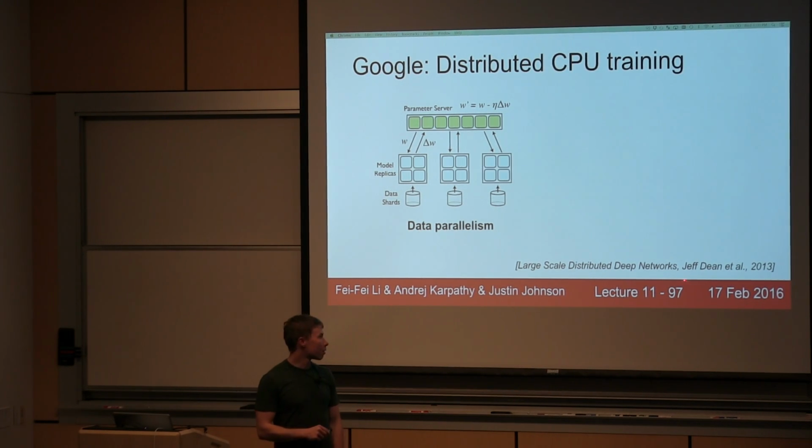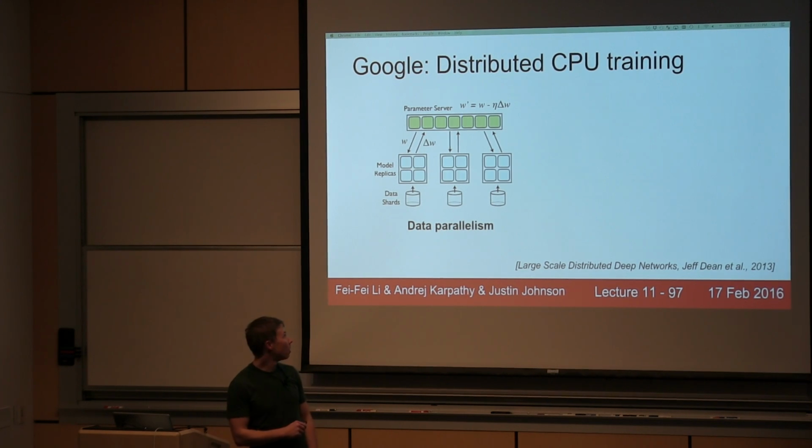There's this cool paper from Jeff Dean a couple years ago that describes this in a lot more detail. But you use data parallelism, where you have each machine have an independent copy of the model, and each machine is computing forward and backward on batches of data. But now you have this parameter server that's storing the parameters of the model, and these independent workers communicate with the parameter server to make updates on the model.